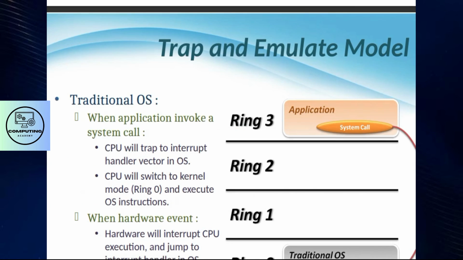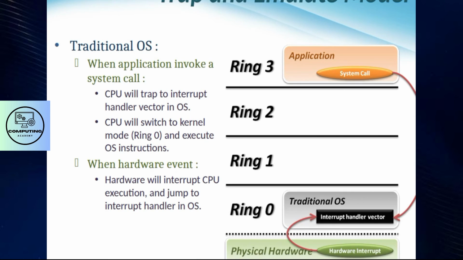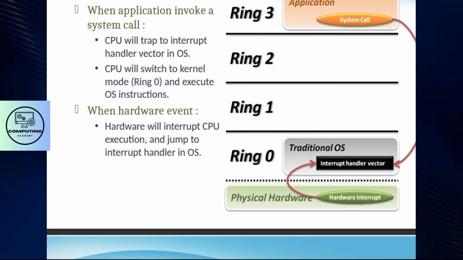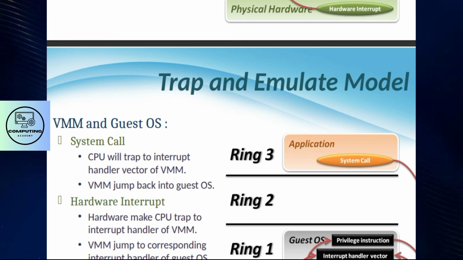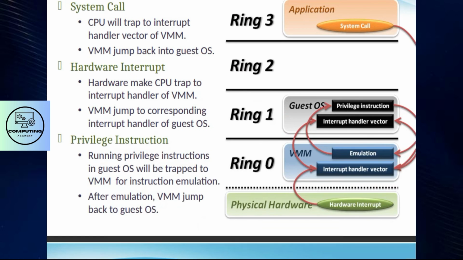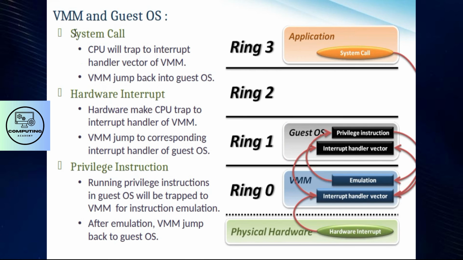Then we have the traditional OS and all the details. When an application invokes a system call, or a hardware event occurs, further details are provided here. Then we have VMM and guest OS, which involves system call, hardware interrupt, and privileged instruction.